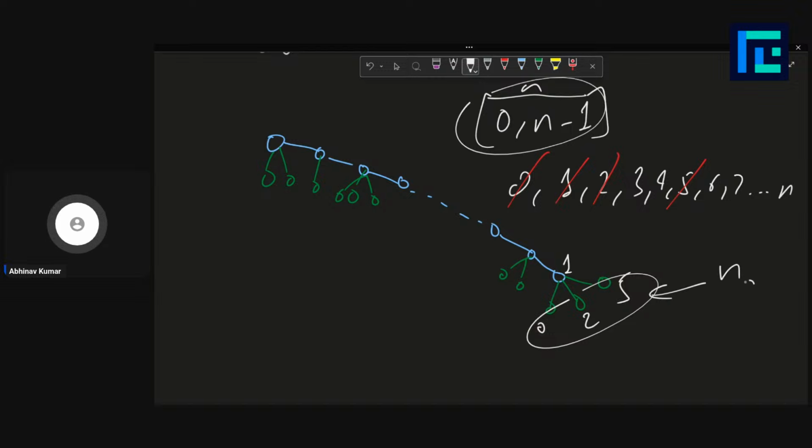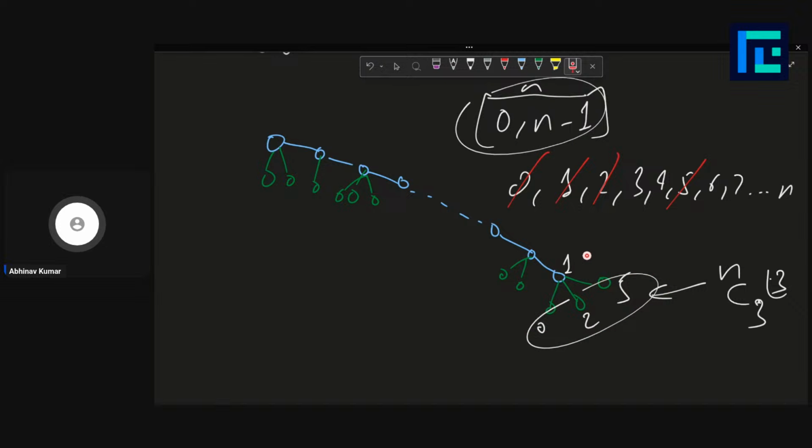So nC3 into factorial 3, since we can rearrange the numbers in the leaves to get different permutations, or nP3 we can say. So the number of permutations, choose 3, is the number of ways to assign to these leaves.